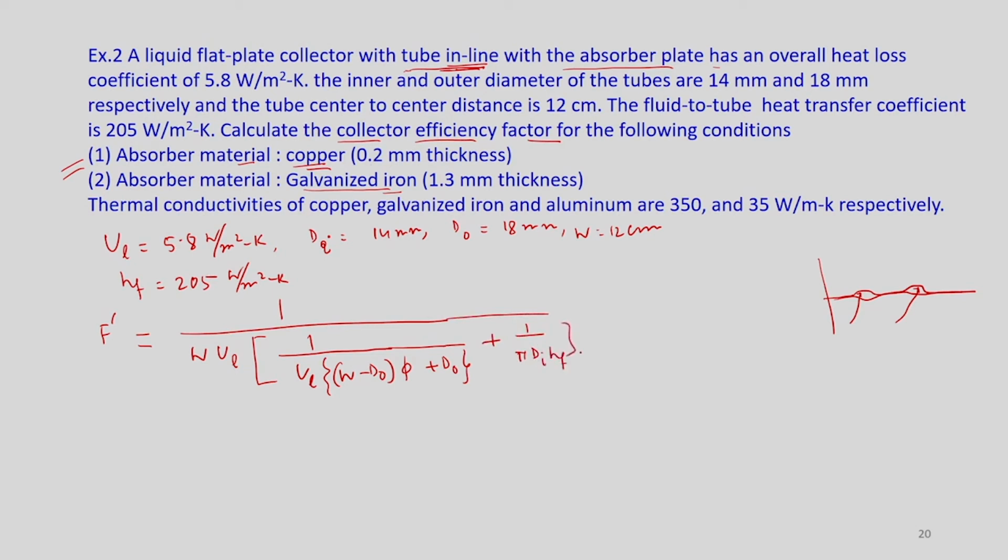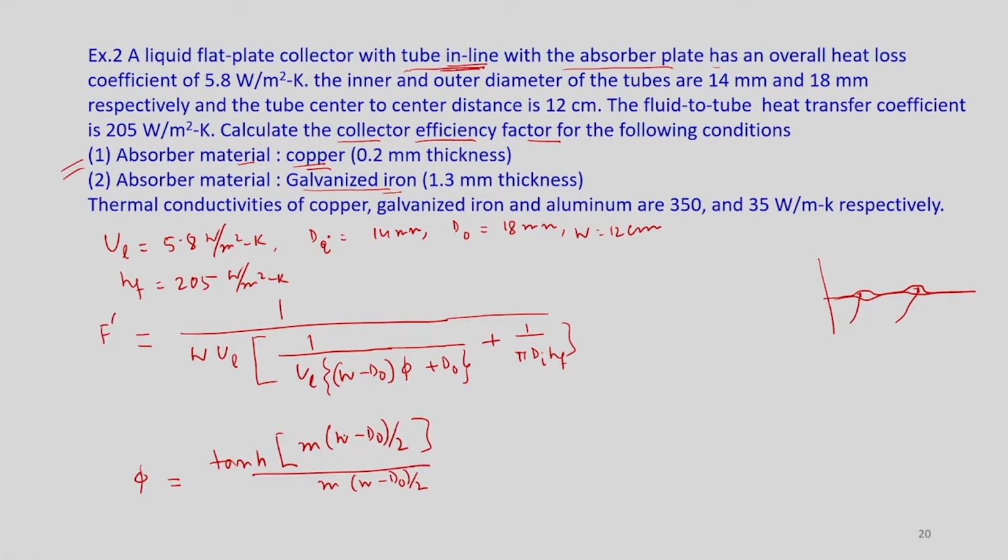We also know the expression for phi, which is tanh of m times (W minus D naught) by 2, divided by m times (W minus D naught) by 2.